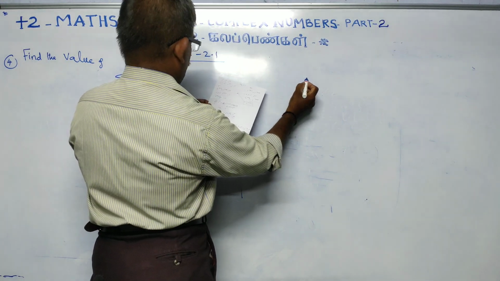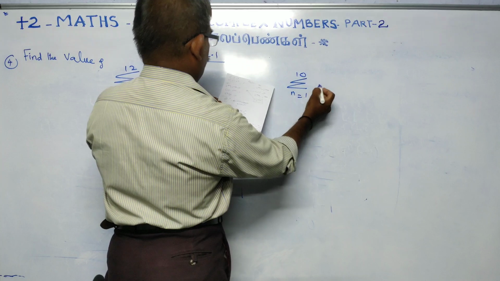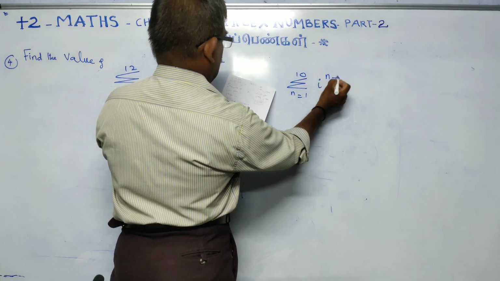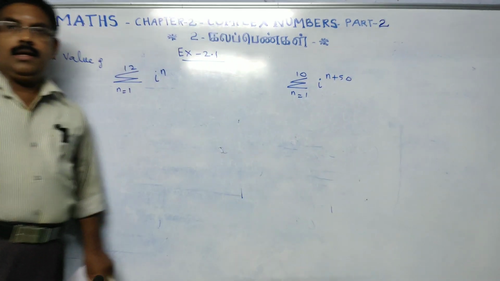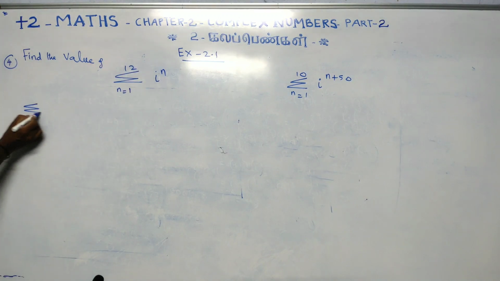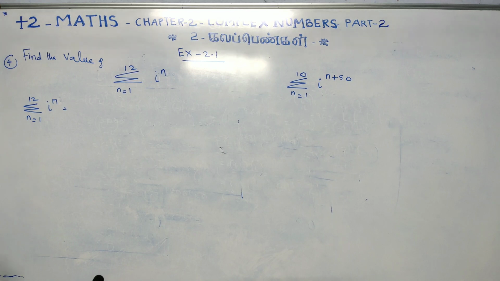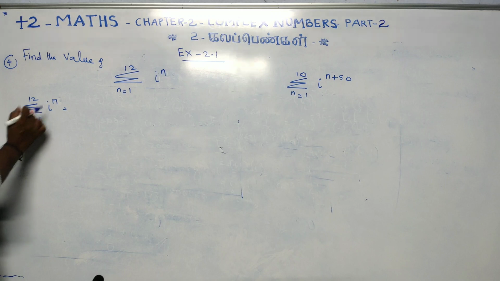In the same way, sigma n equal to 1 to 10 i power n plus 50. Now I give two sums. How can we do sigma n equal to 1 to 12 i power n? I power n means this is the sum of the terms as n takes the value 1 to 12.